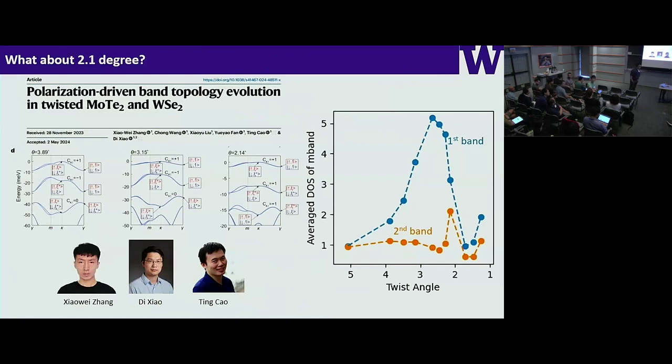The main reason is that in TMDs, the monolayer breaks inversion symmetry, so it becomes piezoelectrically active. When you have a twisted structure, there's a lot of lattice relaxation, and you see a beautiful pattern of strain. In graphene, it does almost nothing, just shrinks the domain size. But in TMDs, it gives you an in-plane piezoelectric charge, and therefore a long-range modulation of the Moiré potential, which was not in the local stacking approximation. That drives the band dispersion to change very drastically as a function of twist angle.